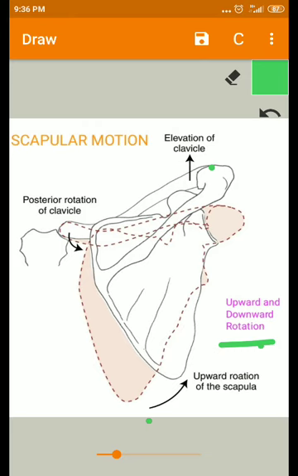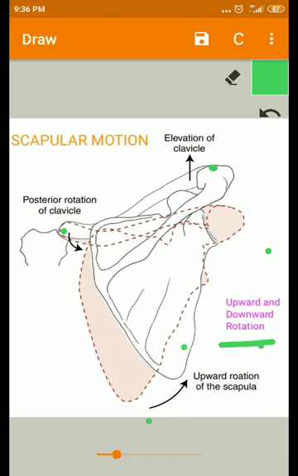are independent motions of the scapula, but because of the connection of the scapula to the clavicle at the acromioclavicular joint and indirect connection with the sternoclavicular joint, it causes the scapula not to do the scapular motions independently. Okay, so because of that reason we can't see the scapular motions separately.